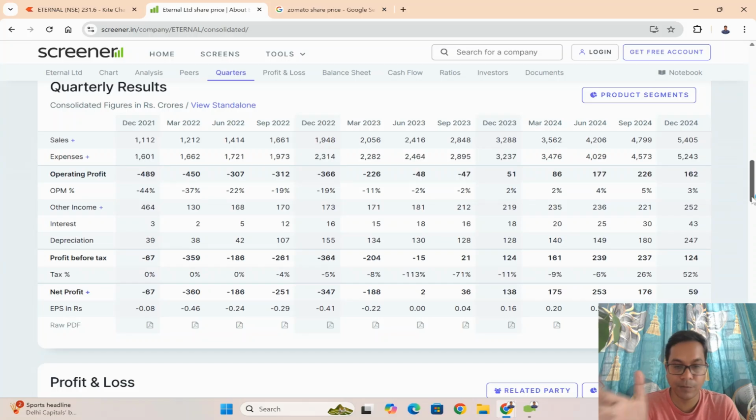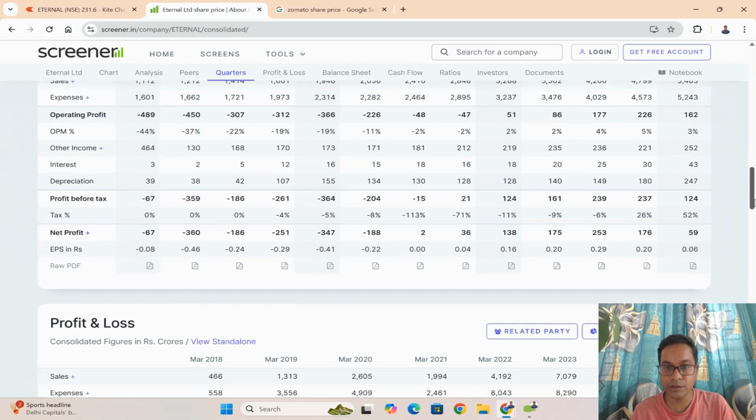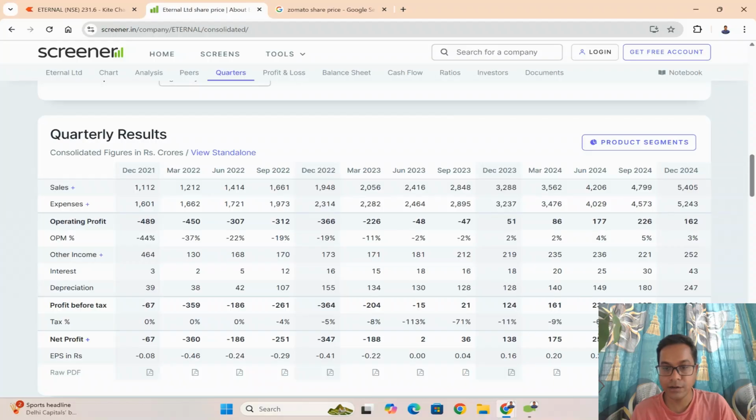In case the profit was already positive, you can look at one more example where, instead of going from negative to positive, the company is always positive. So we'll see one more. Once you look at the yearly, you go to the quarterly and you enter, and when the profit turns down, you quit. So this is how you can do it.